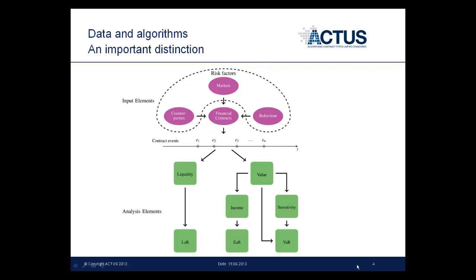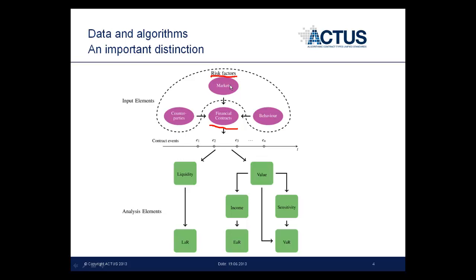The distinction between financial contracts on one hand and the risk factors on the other hand is very important. In the contract we find everything that is certain, and there is only one thing certain in finance: the mutually agreed promise between the two counterparties.